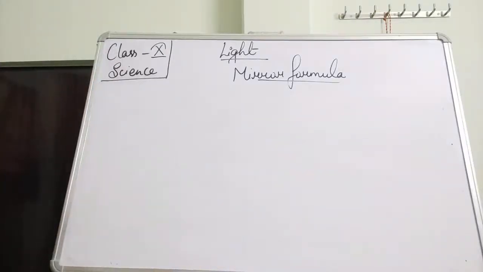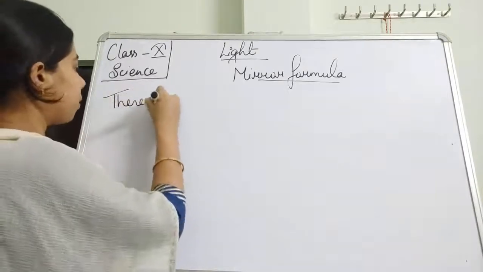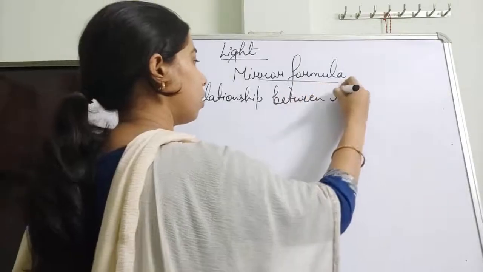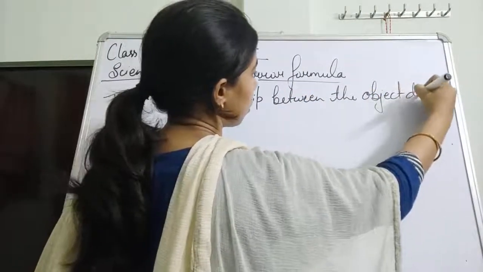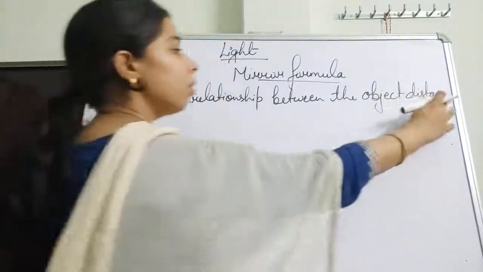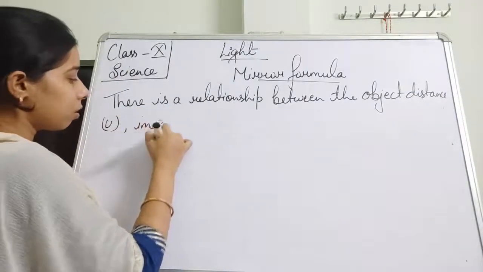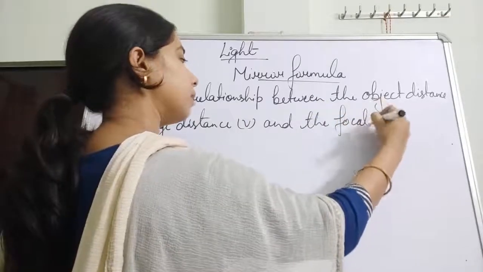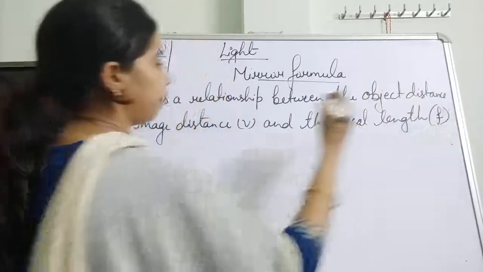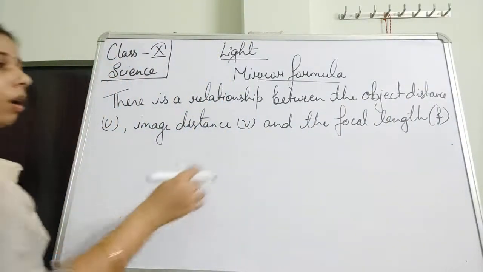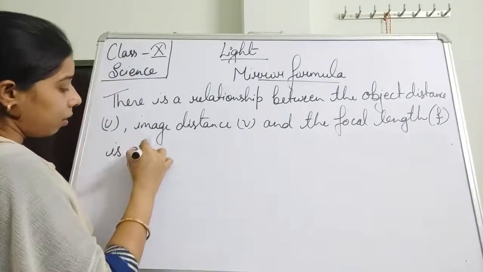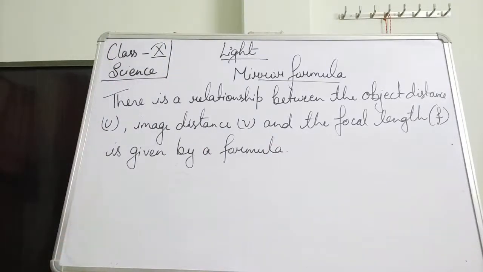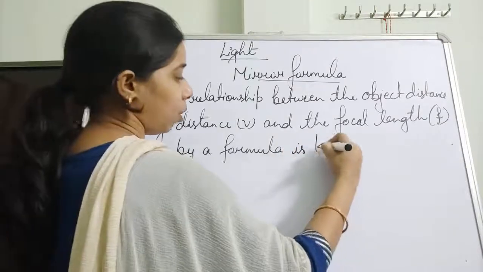So we can say here that the relationship between the object distance, that is u, the image distance, v, and the focal length, that is f, is given by a formula, and this formula is called the mirror formula.